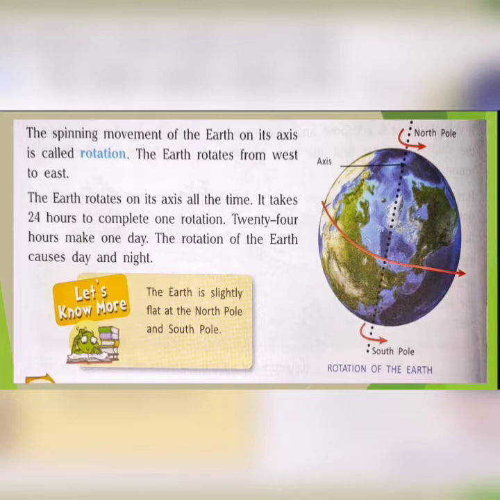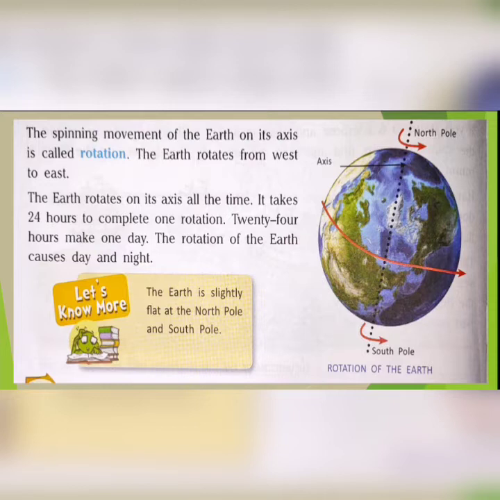The spinning movement of the Earth on its axis is called rotation. So what is rotation? The spinning movement of our Earth on its axis is called rotation. And our Earth rotates from west to east.